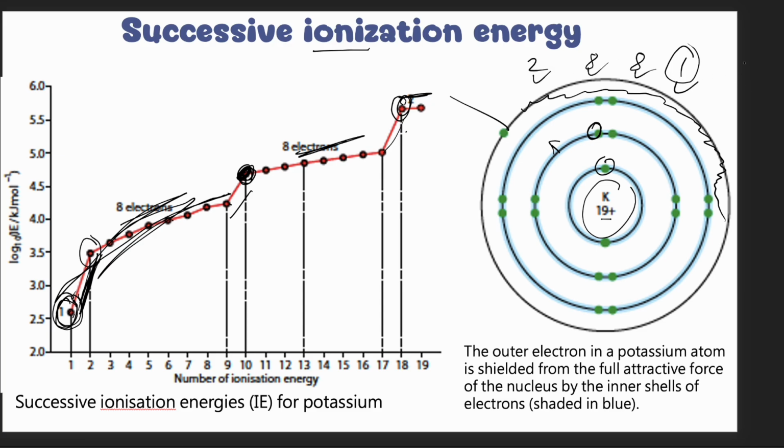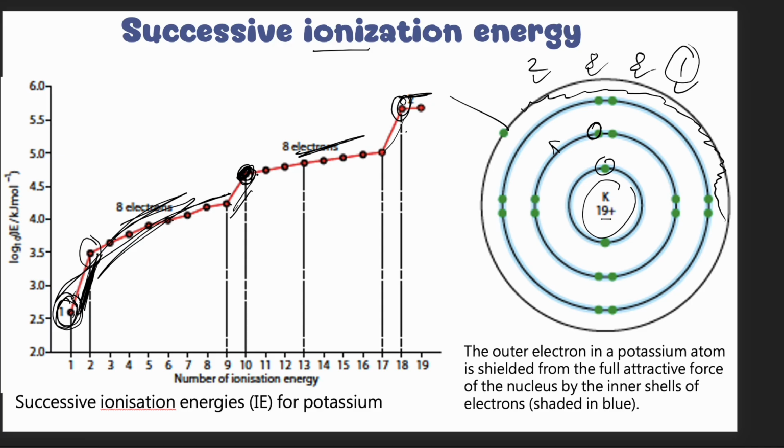So the successive ionization energy can also help you to determine which element it is in the periodic table. You calculate how many electrons, so that's how you will know which element, and you can reconfirm which element by looking at how many main energy levels, by looking at the jumps from one energy level to another.